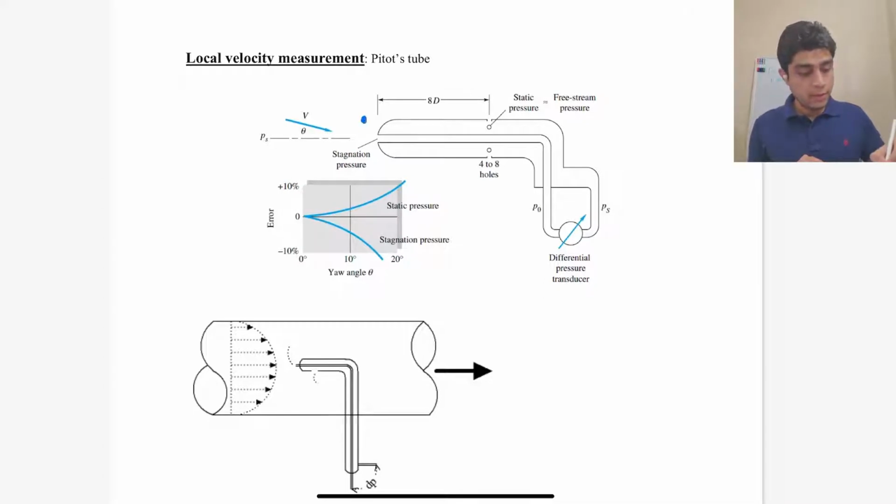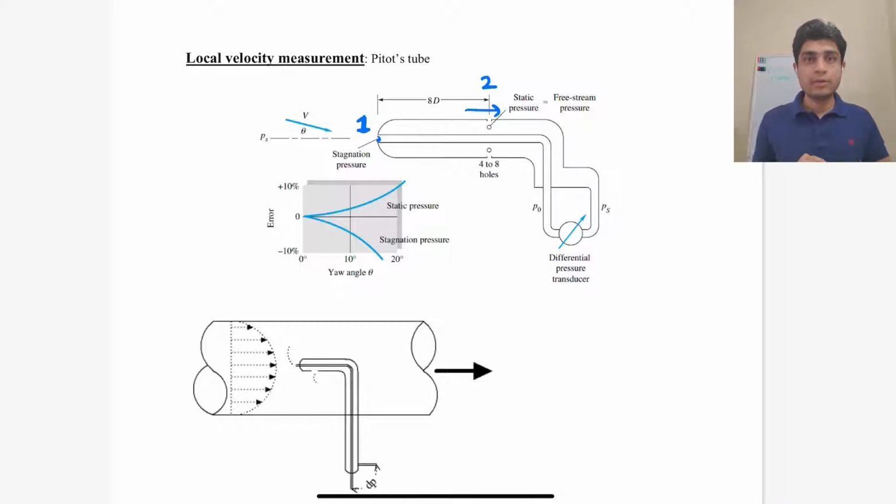There is an opening at the beginning as shown here, which I'll mark as 1, and there are a bunch of holes on the side which I'll mark as 2. The point at 1 is just a stagnation point, so it measures the stagnation pressure in the fluid, while at point 2 the flow is passing over it, so point 2 just measures the static pressure.